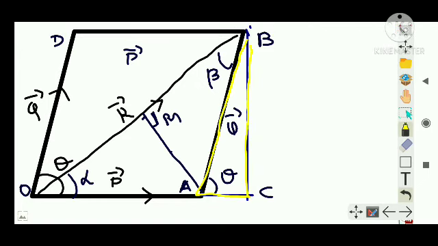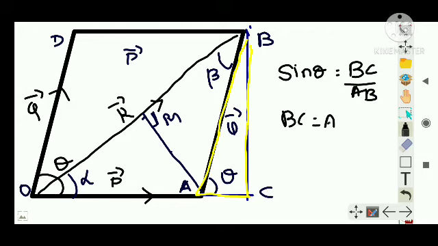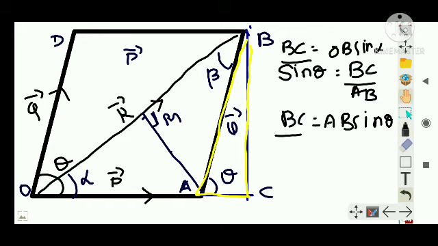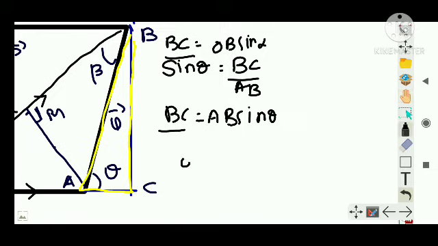When I consider this triangle, for sine theta I can write: sine theta is equal to BC by AB, or BC is equal to AB sine theta. Now, earlier we wrote for BC itself, remember? BC is equal to OB sine alpha. This is BC, this is also BC. Hence, I can write OB sine alpha is equal to AB sine theta, because their LHS are the same.